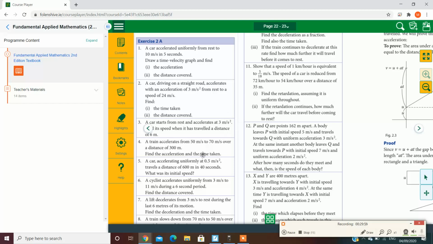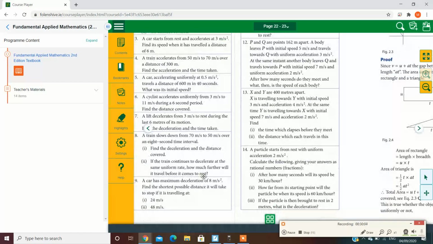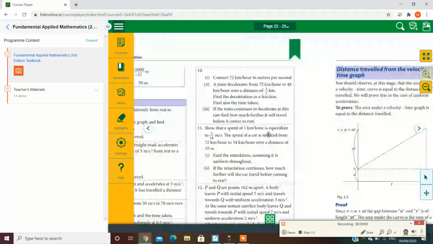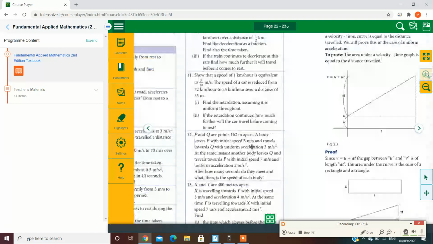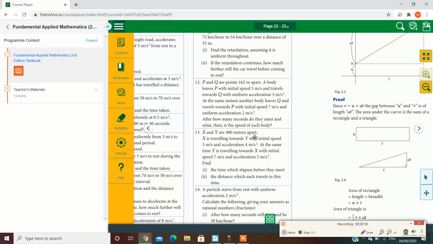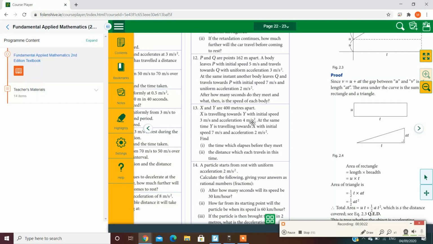Sorry, one second. There's question 9 there. See that? That's question 9. It'll be on the video later on. You can just zoom in and look at it on your phone. All right, your question 11. Suppose I did 14, so maybe 12 and 13 for you guys.